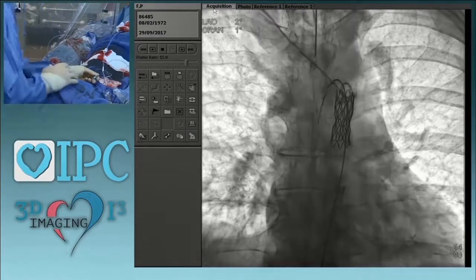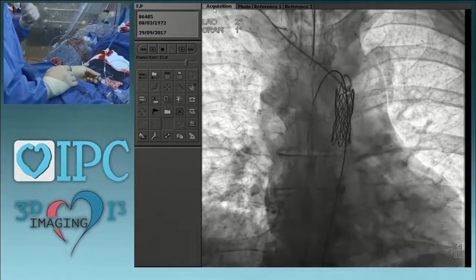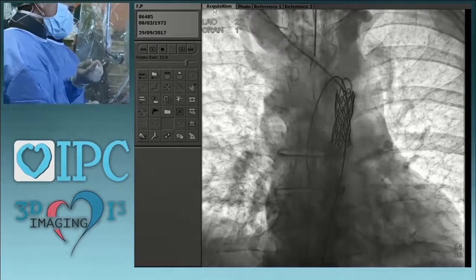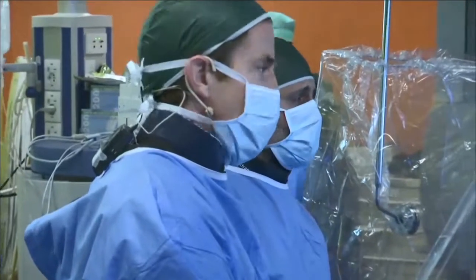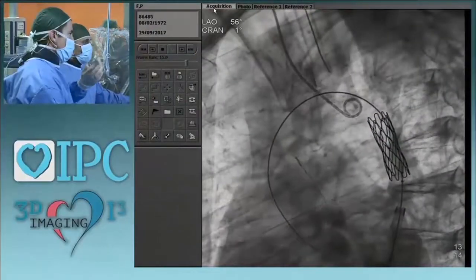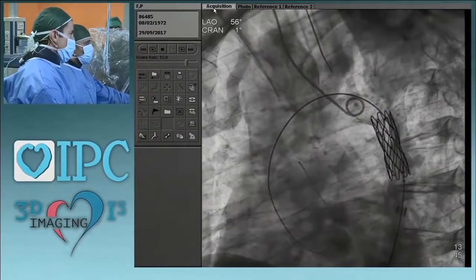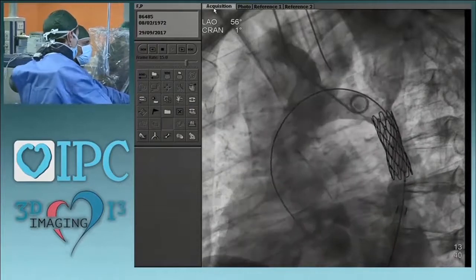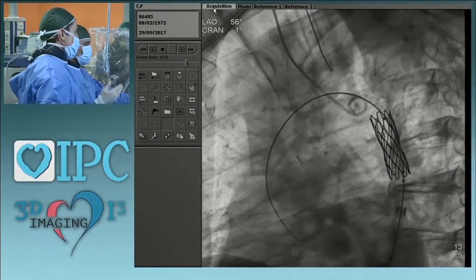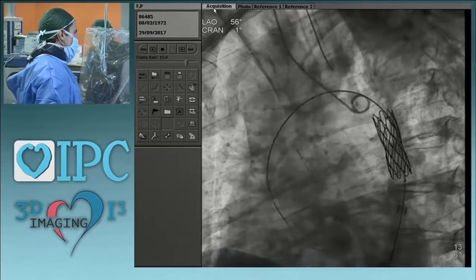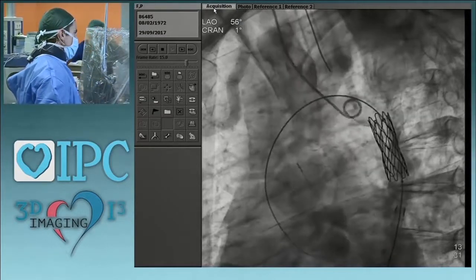So guys, any comment, any question? No, it looks very good. Please take a look again at the previous injection. You may see that's the right diameter. The ascending aorta is right the dimension of the stent. I would not post-dilate the distal part of the stent.